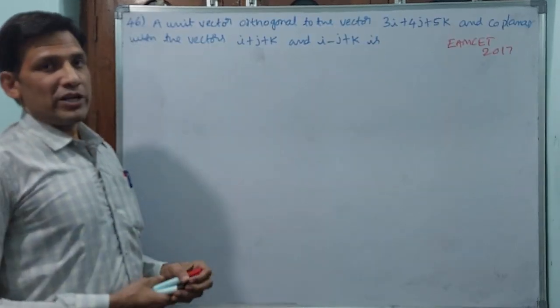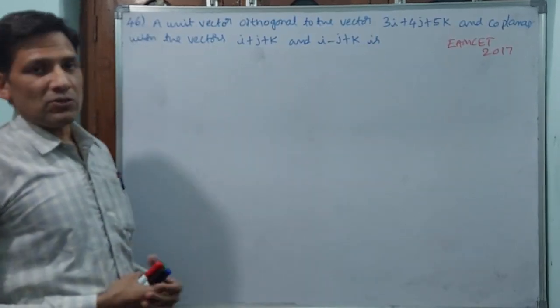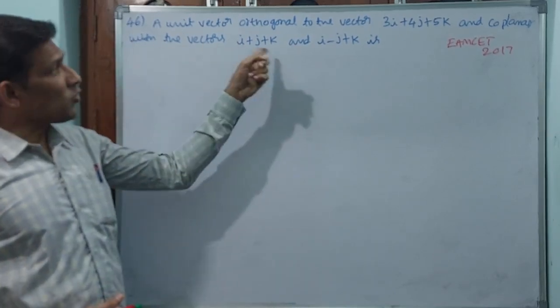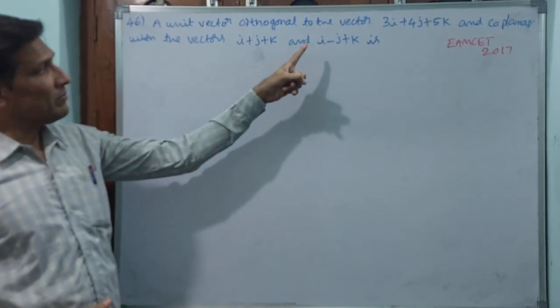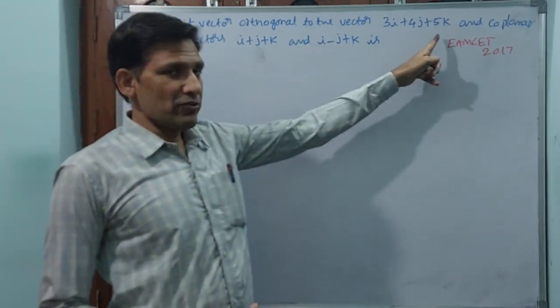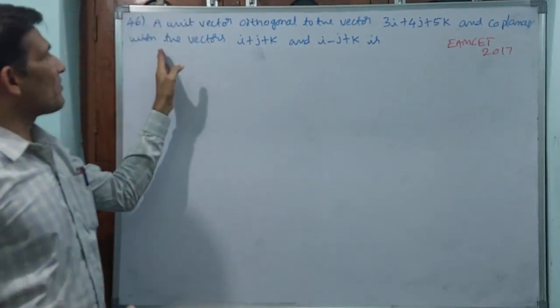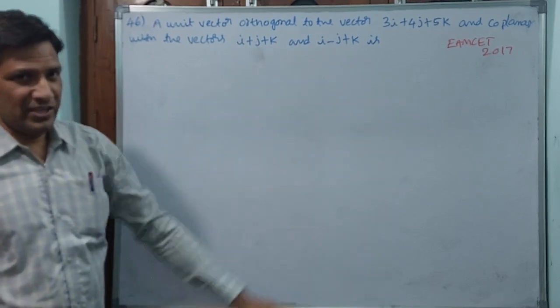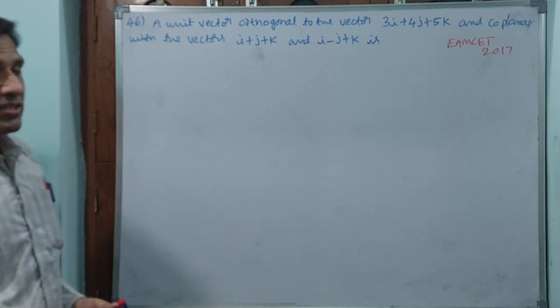See question number 46. EAMCET 2017 question. A unit vector orthogonal to the vector 3i plus 4j plus 5k and coplanar with the vectors i plus j plus k and i minus j plus k is. See, the logic is here.